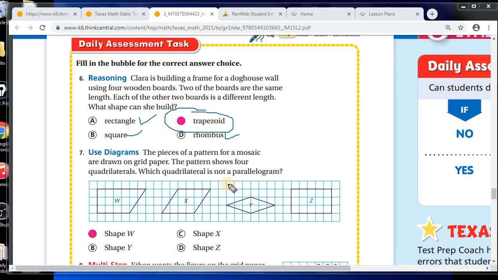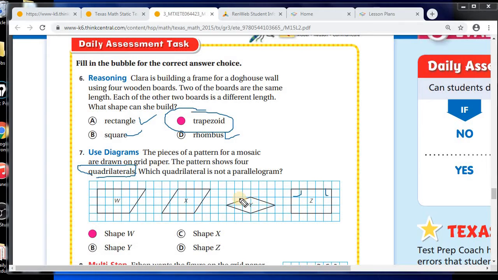So let's take a look at number 7. The pieces of a pattern for a mosaic are drawn on the grid paper. The pattern shows 4 quadrilaterals. Which quadrilateral is not a parallelogram? So a parallelogram is going to have 4 sides, and it has 2 pairs of opposite sides that are parallel and the same size, or the same length.